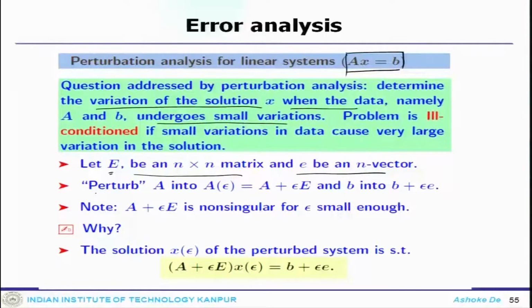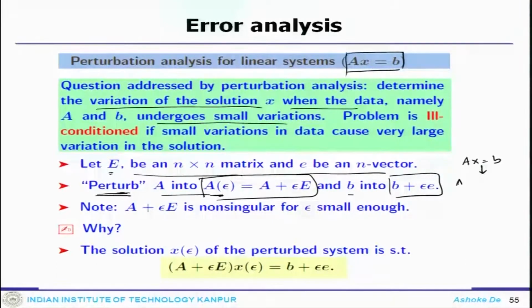You perturb A into A plus epsilon E and b into b plus epsilon e. So, I am perturbing my Ax equals b to (A plus epsilon E) x equals b plus epsilon e.